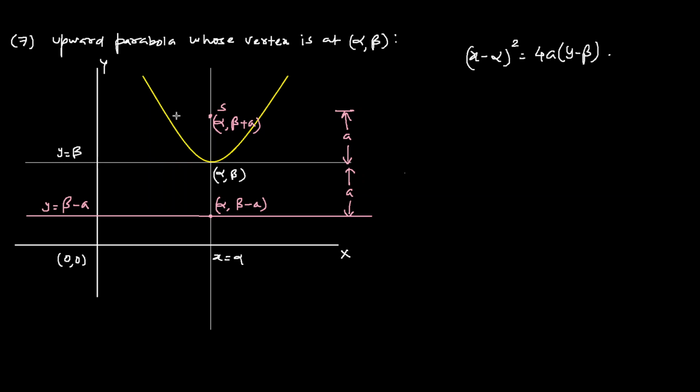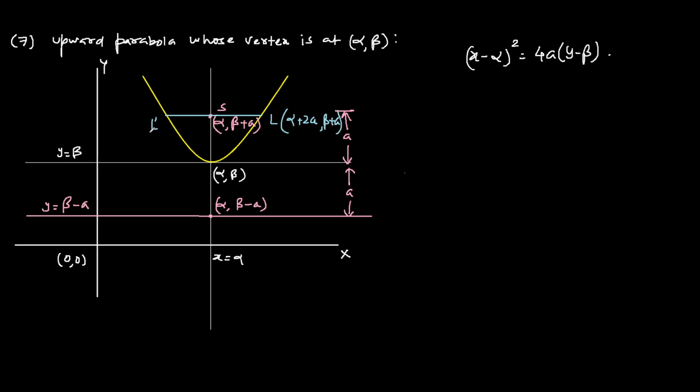Now we have the latus rectum, and the endpoints of the latus rectum are L and L dash. The coordinates of L are alpha plus 2a, because this SL distance is 2a, and the y-coordinate is beta plus a.